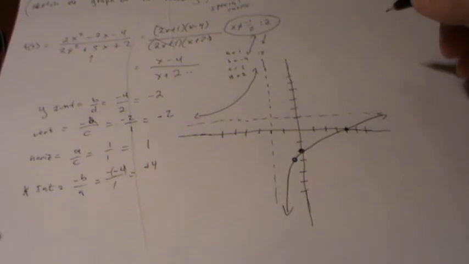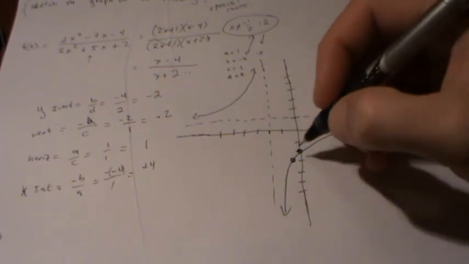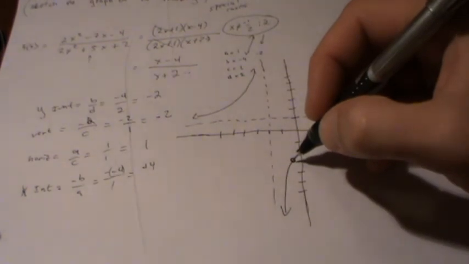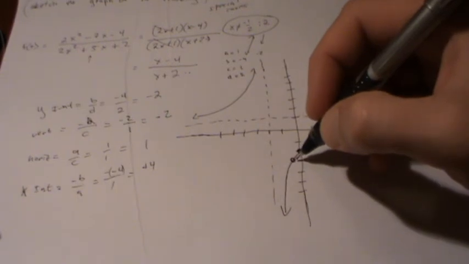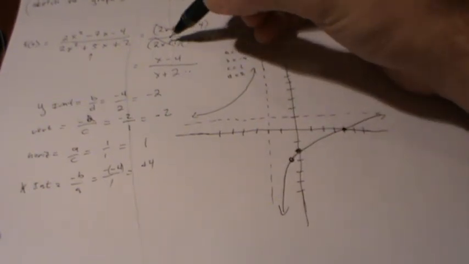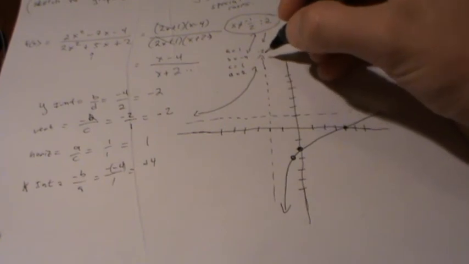And that's basically the idea. And so that would indicate to everybody that there was a factor before, probably something like 2x plus 1, that must have gotten canceled out in the original function.